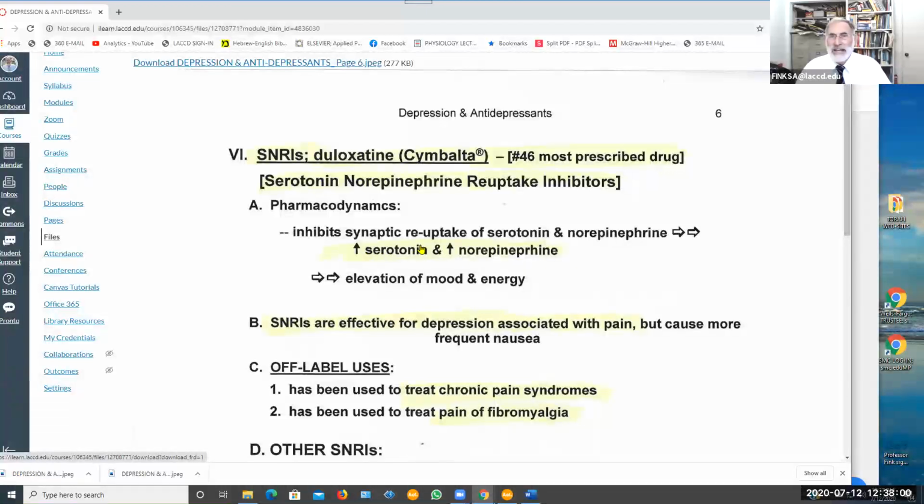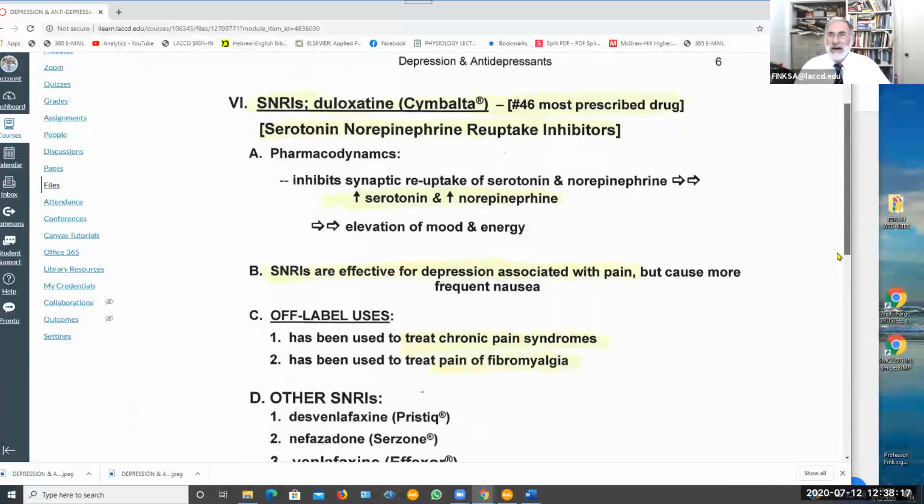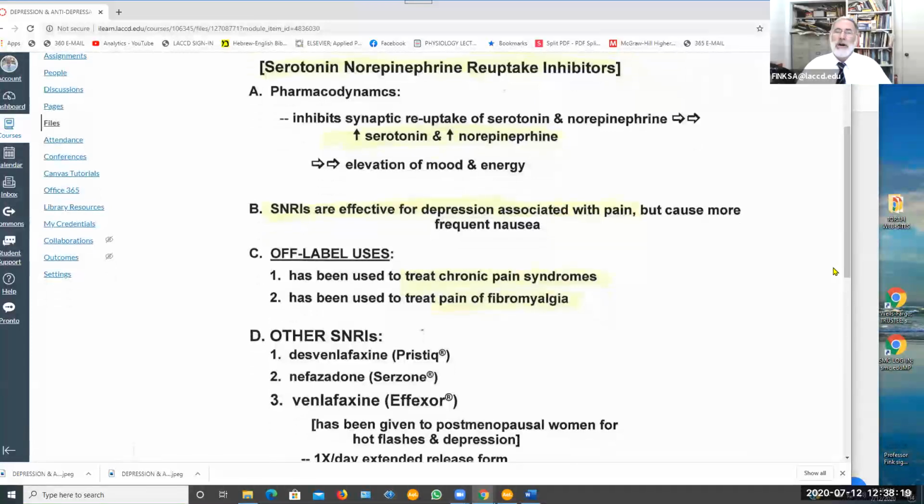It works by inhibiting the reuptake of both serotonin and norepinephrine, raising the levels of serotonin and norepinephrine in the brain. And in so doing, it elevates the mood by raising serotonin levels and increases energy levels by raising norepinephrine levels. Commonly, these SNRIs are used for people who have depression related to chronic pain.